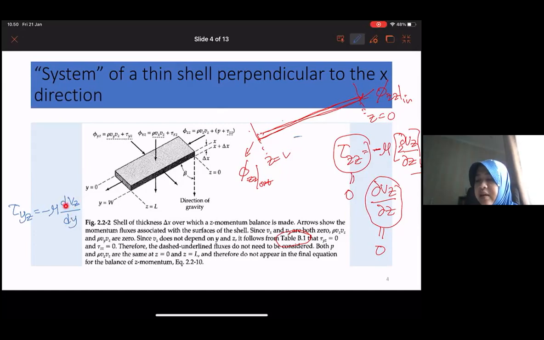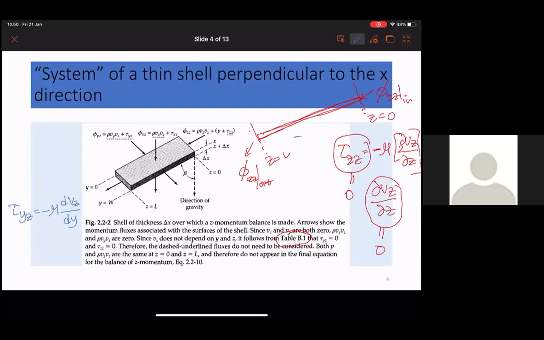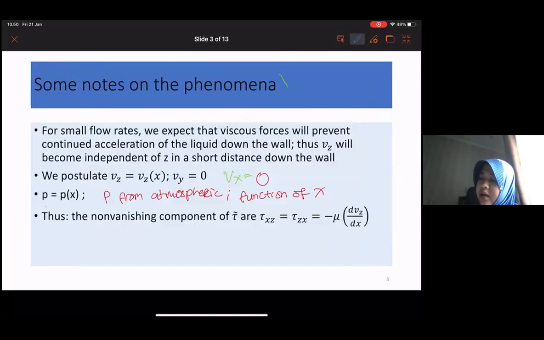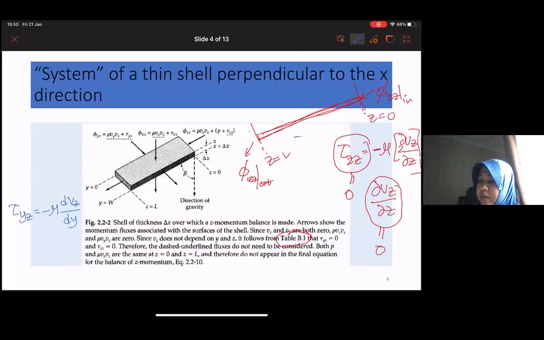Do we have a difference in phi z with respect to y? No, Bu. No, yeah, because we know that phi z will change with x, not y. In this one, it's only a function of x. It's not a function of y as well. So apart from the length, the width is also the same. Okay, so because this is equal to 0, then tau yz would be equal to 0.